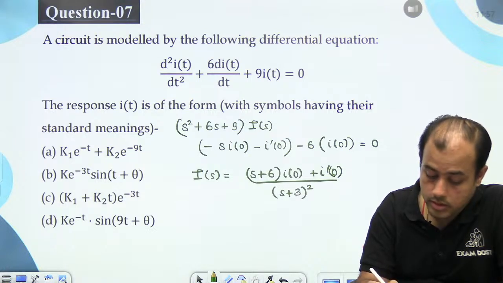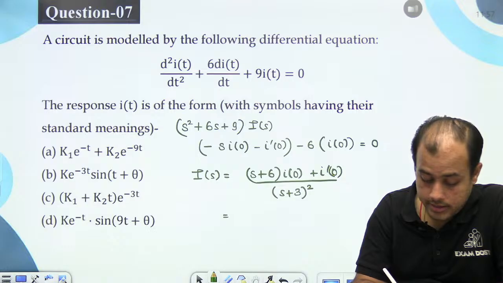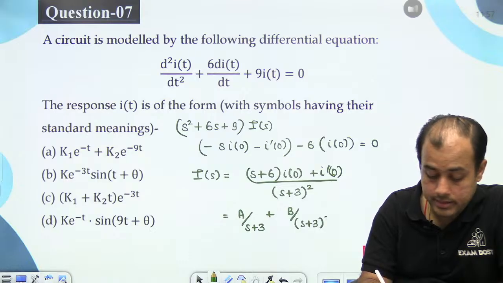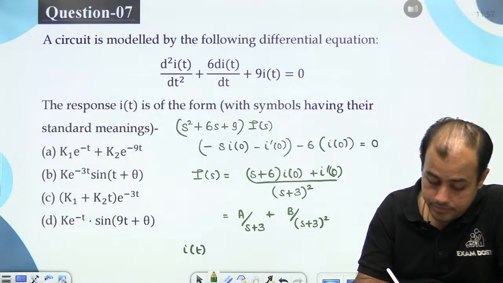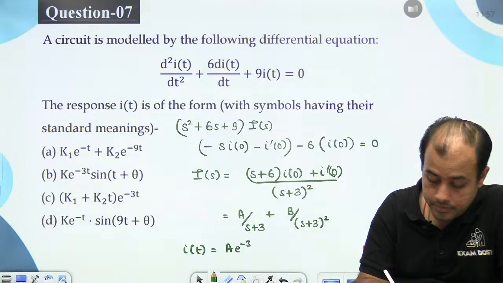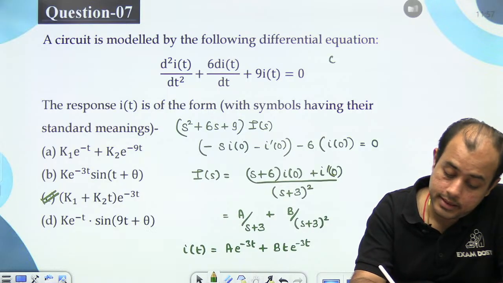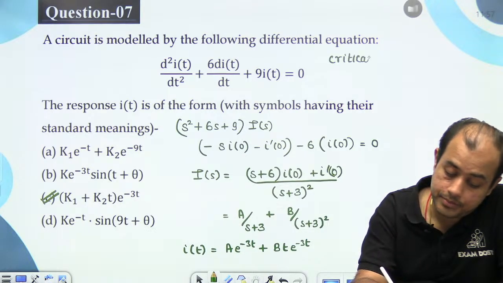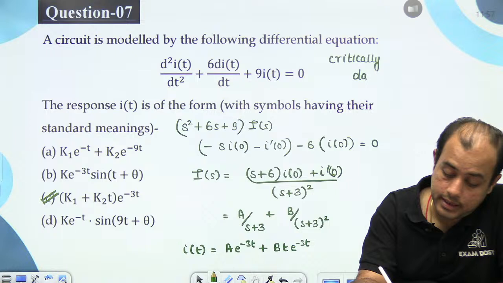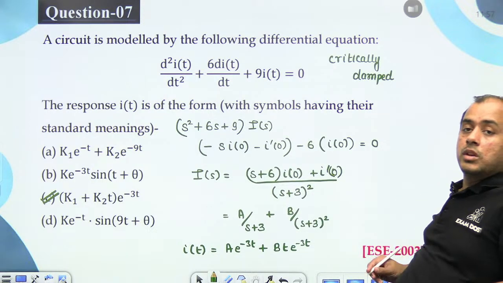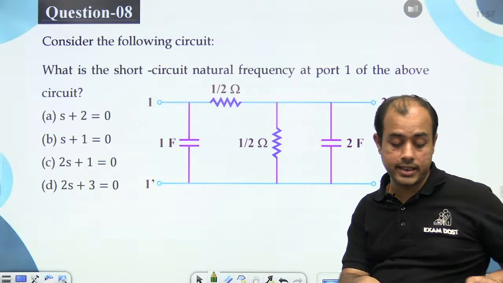S plus 3 square. So the response will be like this. Using partial fractions, the response will be like this. This is the case. Basically, this is critically damped, because it has real and equal roots. ESE 2003. Try the next one.